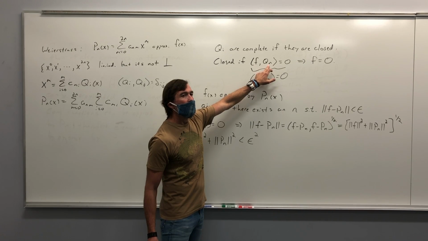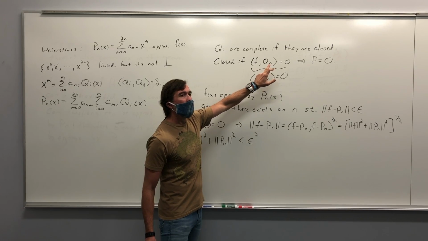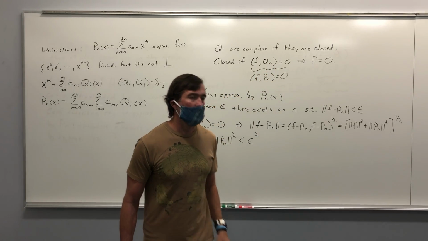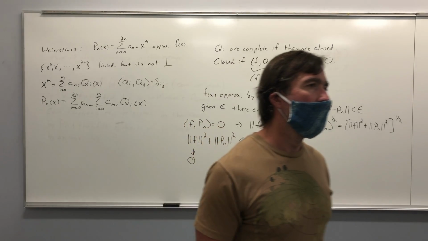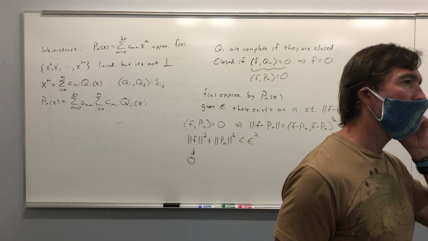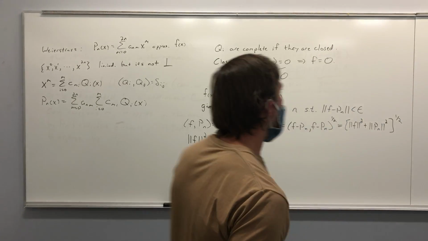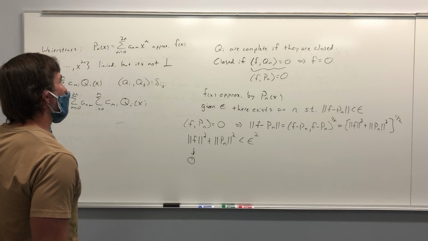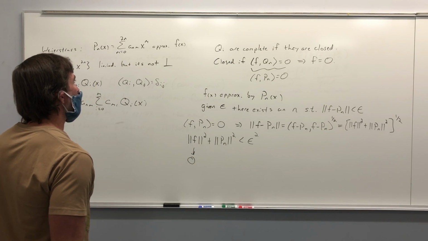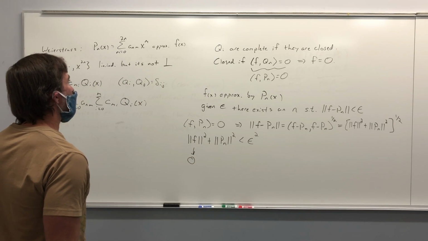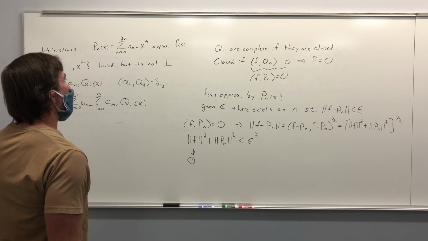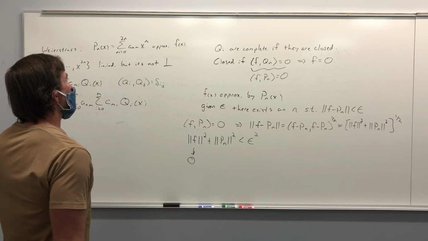Oh, okay, and then you'll get one that's 1. Because I'm just thinking the q's are orthonormal. Yes. So if you pick f to be any of the q's, then you'll get 0 for some of them, but I guess not all of them.